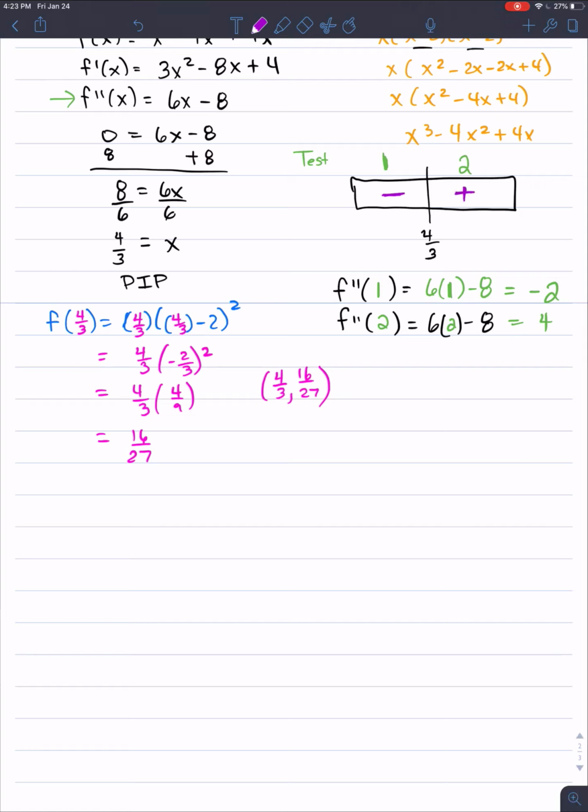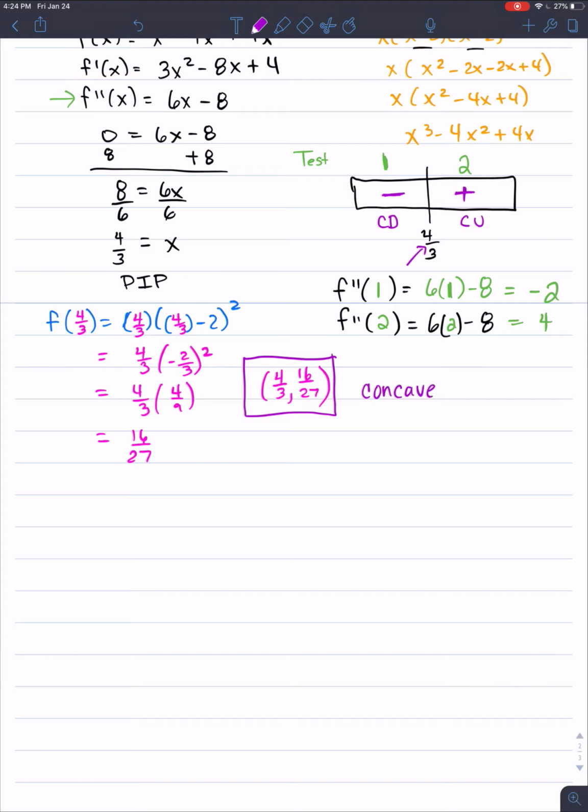And we can see that it changed from negative to positive, which means this one's concave down and this is concave up. So therefore this guarantees that this is an inflection point because it changed. So this is our inflection point, and then you would state concave up.